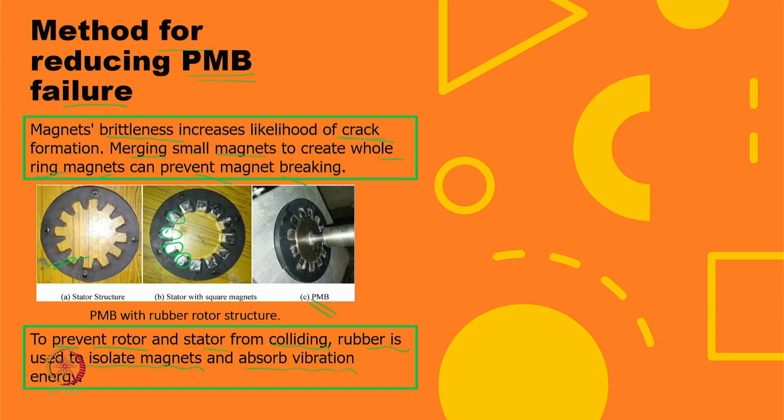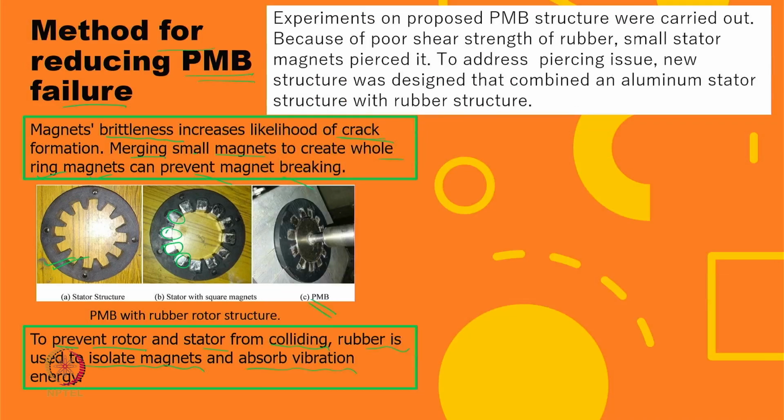So, this whole concept was taken from a foil bearing point of view. The rubber has a little lesser stiffness, so it will go back easily, and the permanent magnet can have slightly more room for displacement. So, this was done. However, after getting this setup, the experiments were conducted again.